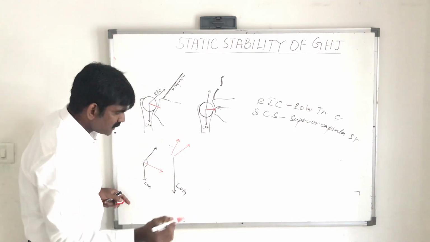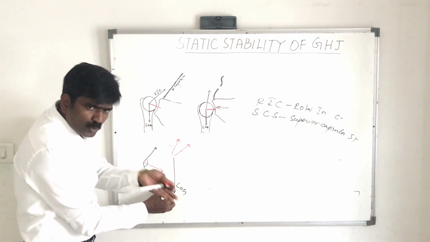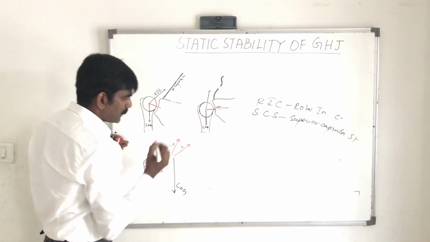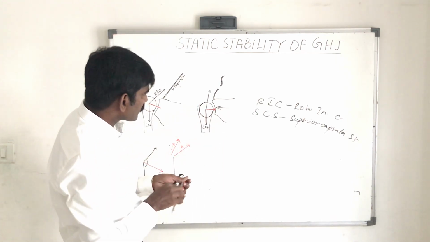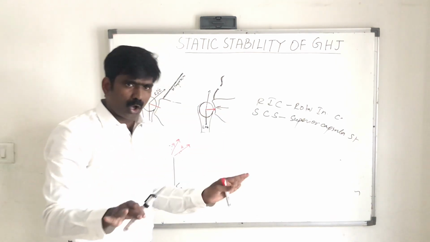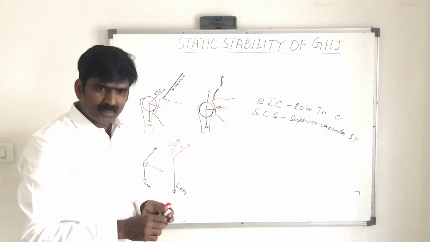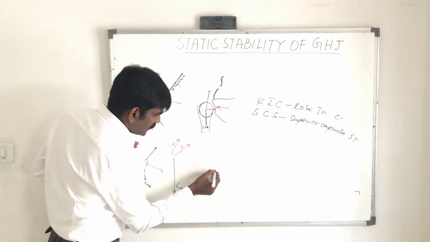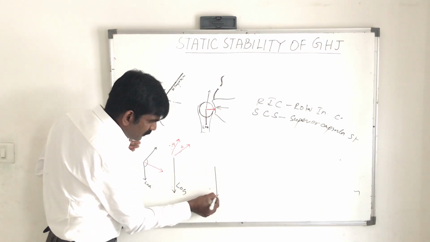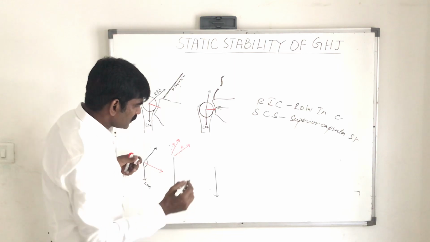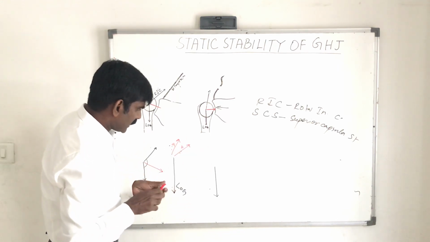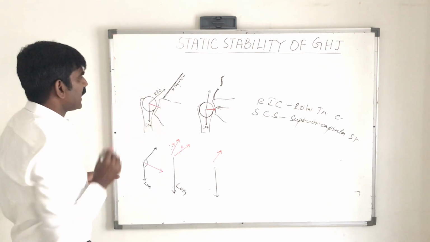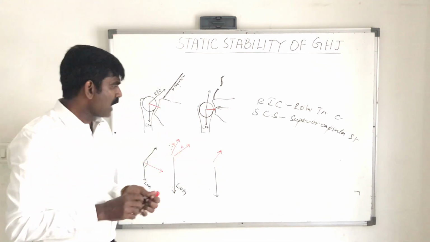Or in other words, the line of gravity is opposed by two different forces, force A and B. In the second diagram, because optimal posture is lost due to paralysis of the upper trapezius or any weakness of the stabilizers, now gravity is opposed by only one force, that is force A. So what is force A? Force A is the passive tension in the RIC.